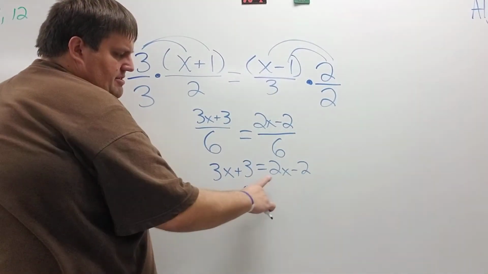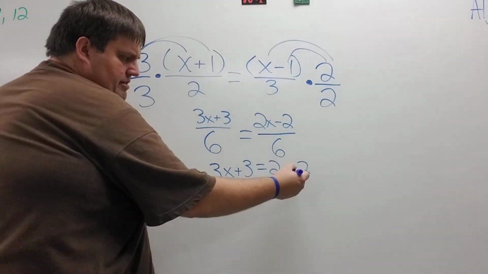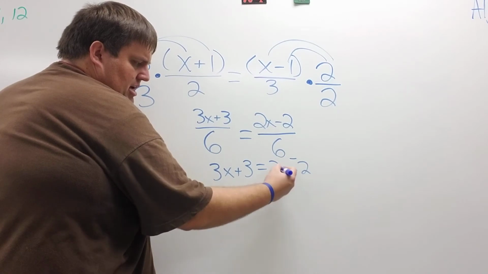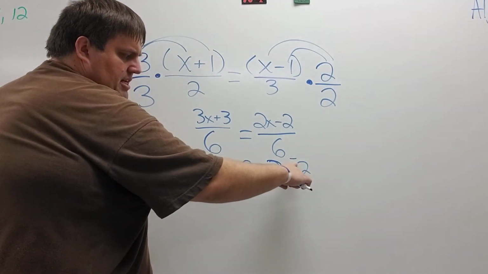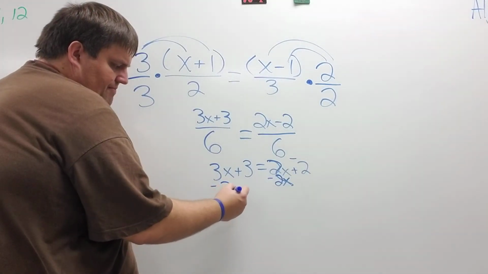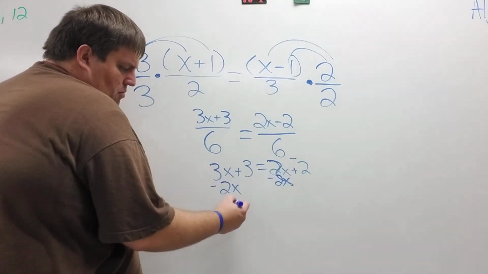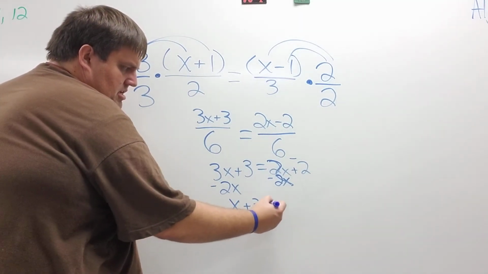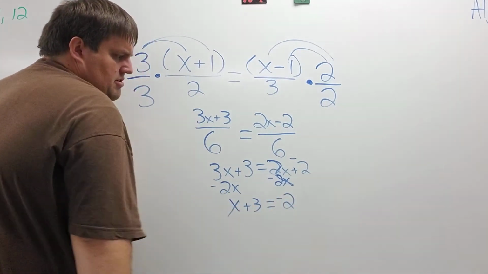So here's my x's. I want to get rid of one. So I'm going to get rid of 2x. So I'm going to minus 2x. Notice I added the opposite here so I didn't lose that minus 2, because it's a negative 2, right? So that's going to give me 1x plus 3 equals negative 2.